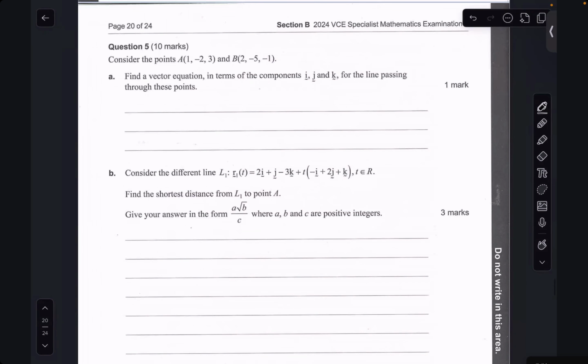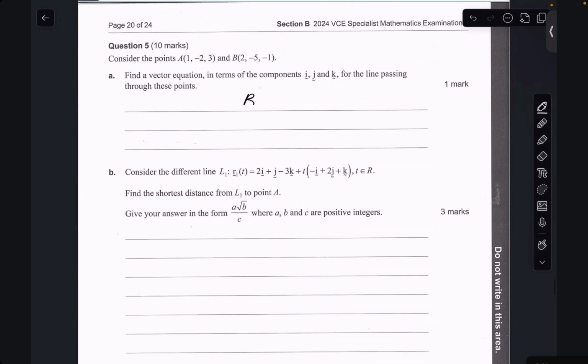Okay, find the vector equation in terms of the components i, j, and k for the line passing through these points. So the direction vector is going to be b minus a, and the point is just a.